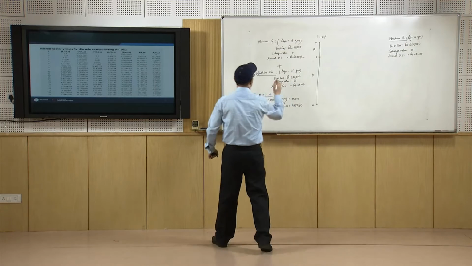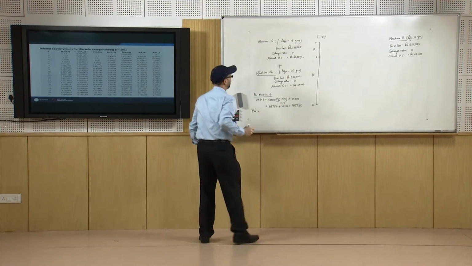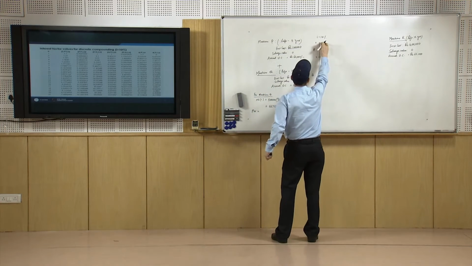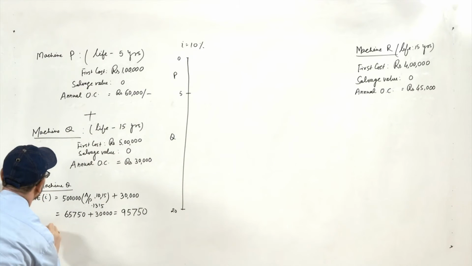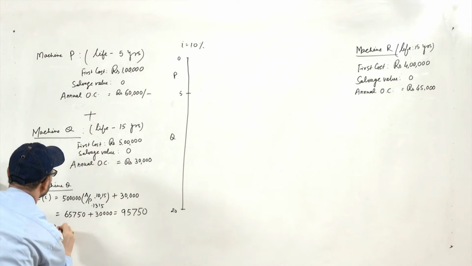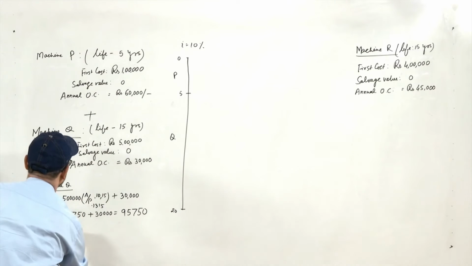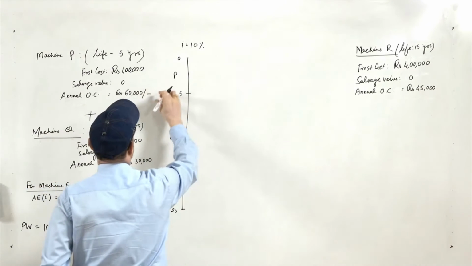So, present worth will be nothing but 1 lakh is used here, so it will be 1 lakh plus annual operating cost is 60,000 and it is used for 5 years.